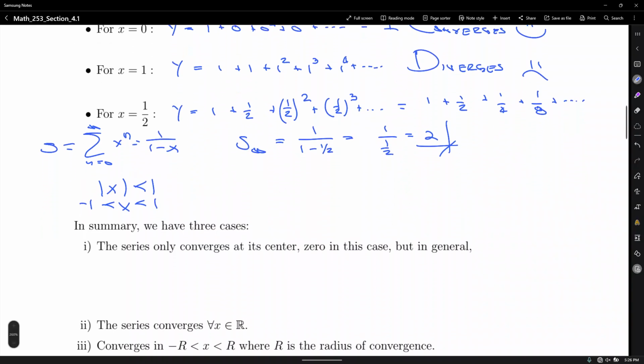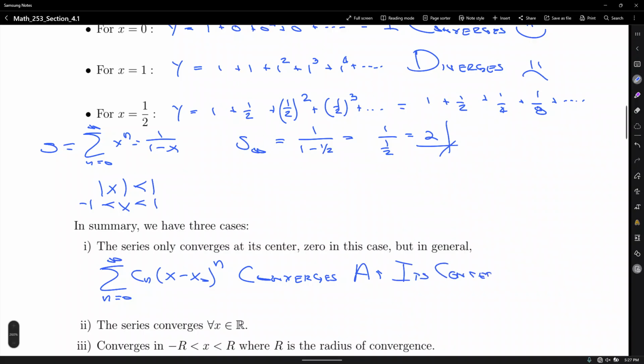However, in general, for the series sigma n equals 0 to infinity of c sub n, x minus x naught to the n, it converges at its center, which is simply x equals x naught.